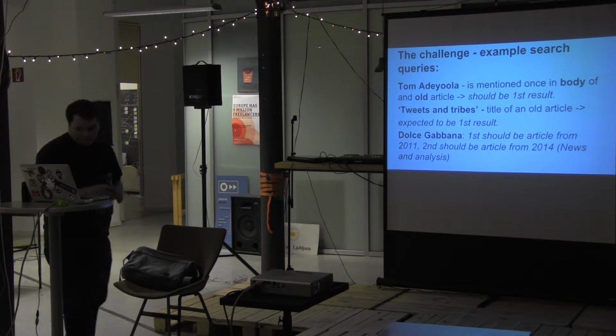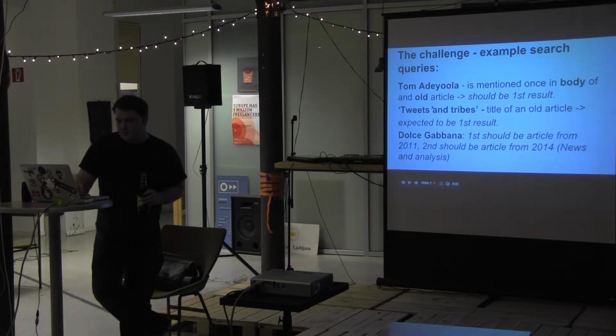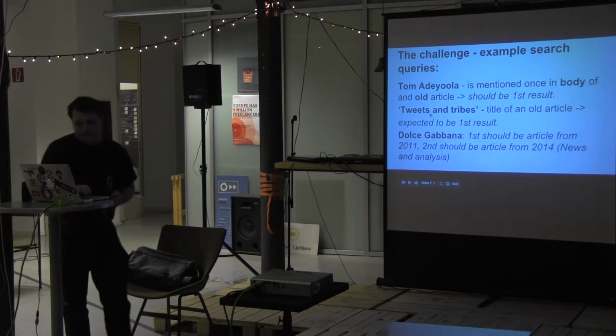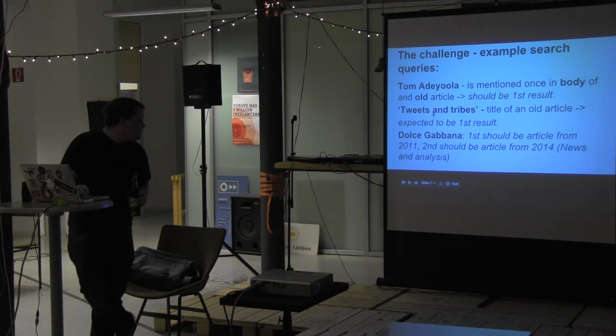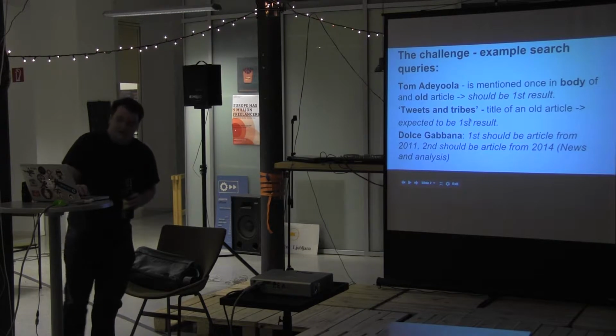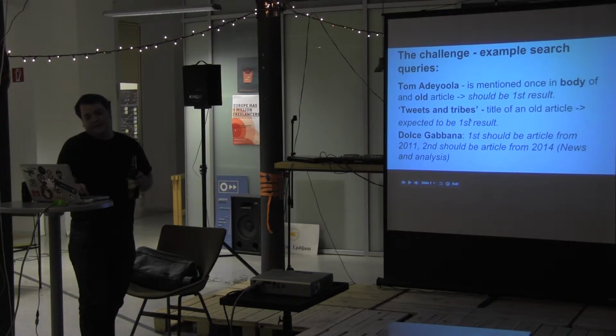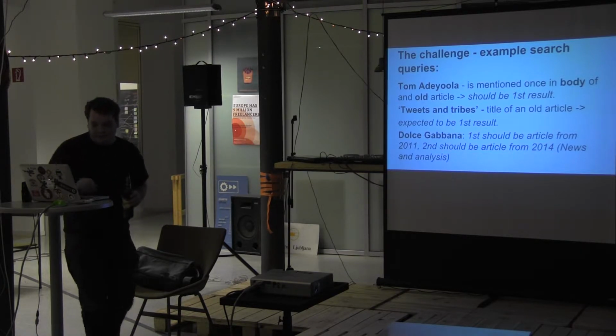This was a really interesting one because we have this tweets, which is quite a common term, and of course the end word. We can get rid of it by using stop words, but also it's quite an old article, and it doesn't account for the rule that old articles shouldn't be on the top.